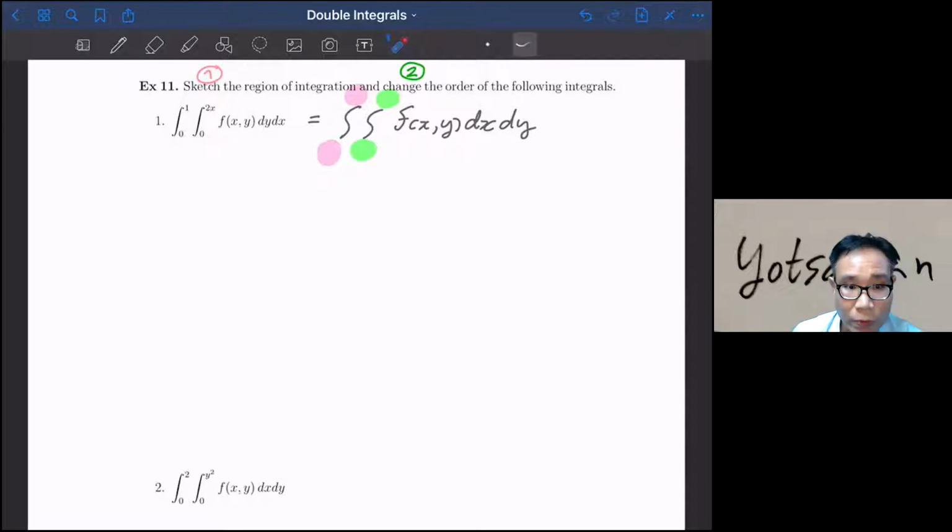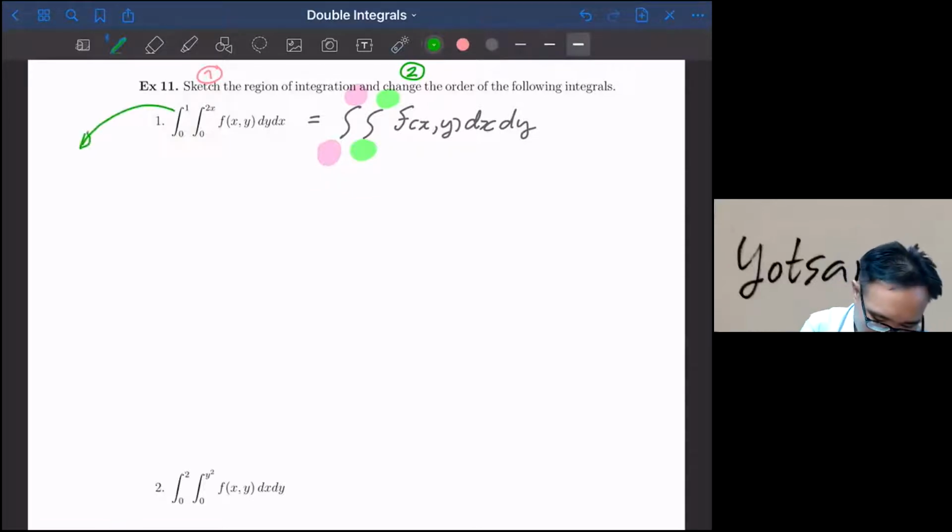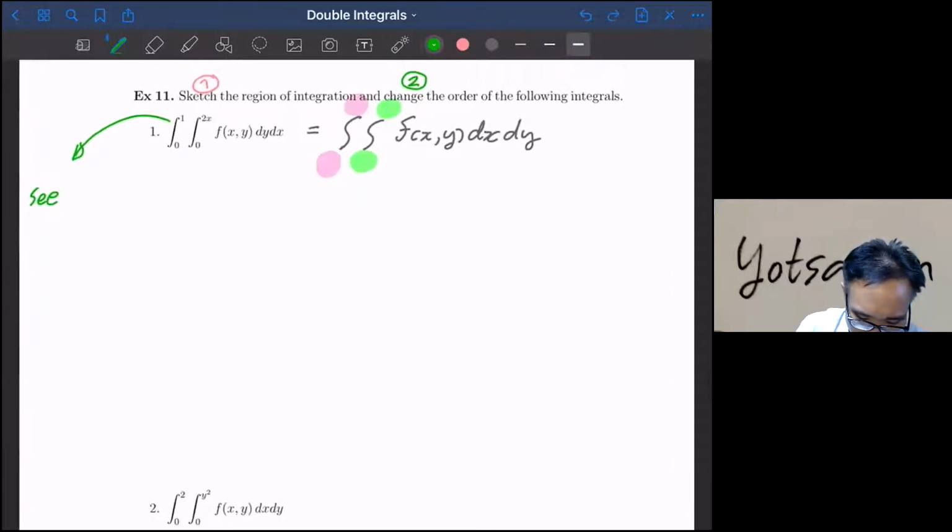So the first step is sketching the region. What I usually teach is to ask what you see. You see that you have the variable y, and y lies between 0 and 2x.